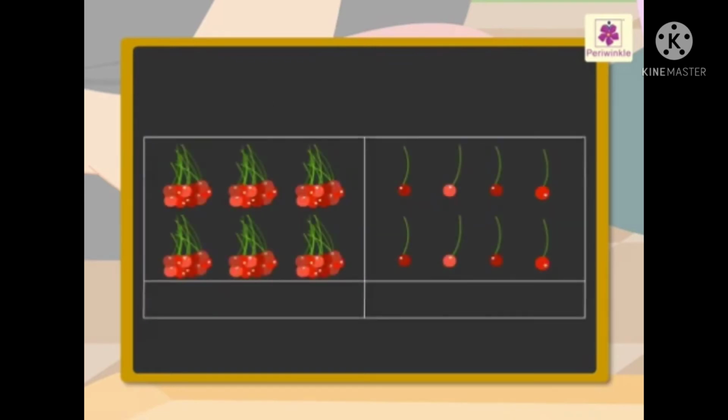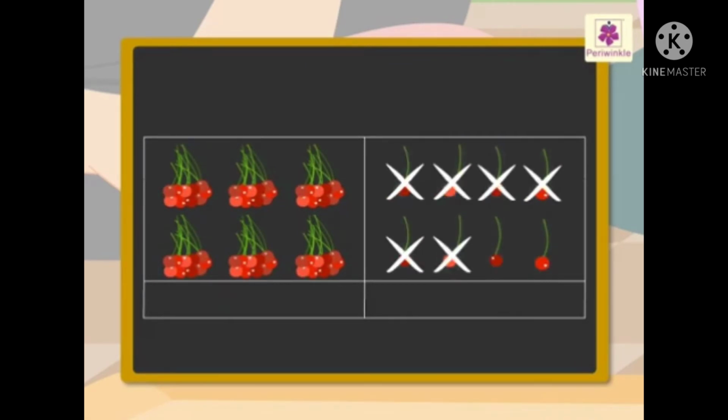To subtract, we first cancel 6 ones from 8 ones is equal to 2 ones, and then we cancel 1 ten from 6 tens is equal to 5 tens.